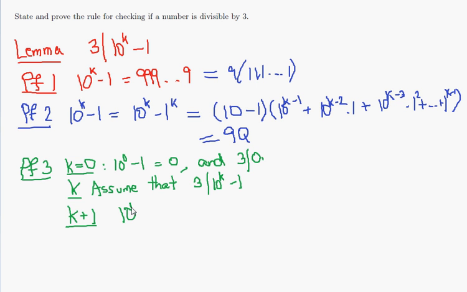Then 10 to the k plus 1 minus 1. Okay, so the trick here is to introduce the thing that we know, which is 10 to the k minus 1. So we know that 10 to the k minus 1 is a multiple of 3. So let's add and subtract the 10 to the k term. And I have the 10 to the k plus 1 term left over.